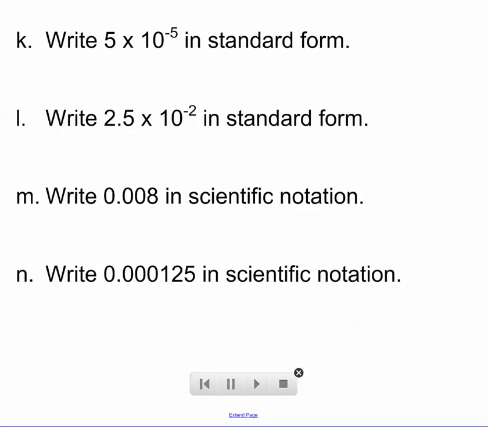All right, so that leads us perfectly into scientific notation now. Scientific notation with negative exponents. We've already done it with positive exponents, which is used to represent very, very big numbers. Negative exponents are used to represent very, very small numbers. 5 times 10 to the negative fifth is actually 0.00005.